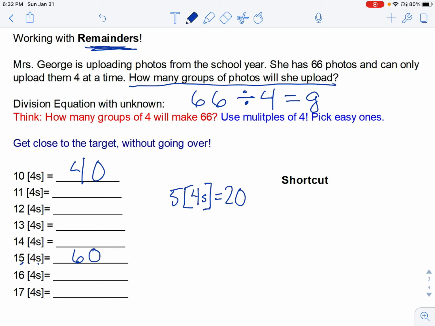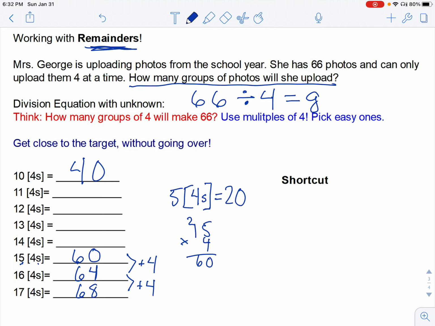You could have also written that out as 15 times 4 and done your traditional multiplication to get it that way. Okay? So now I'm getting way closer. So I'm going to say, okay, one more group of 4 would be 64. Woo, that's really close. If I did an extra group of 4, I'm at 68.